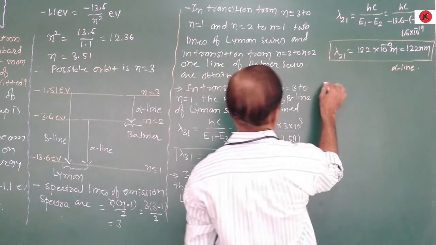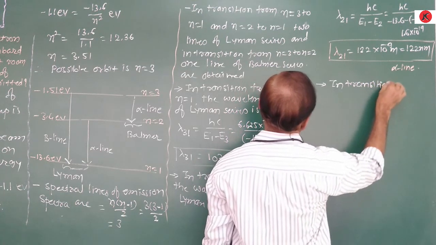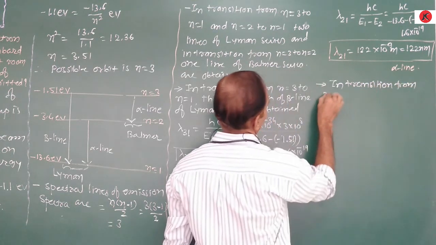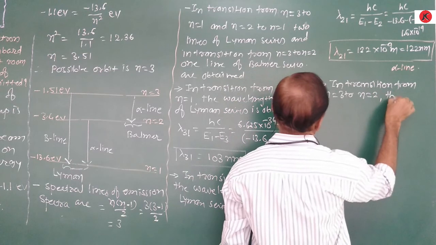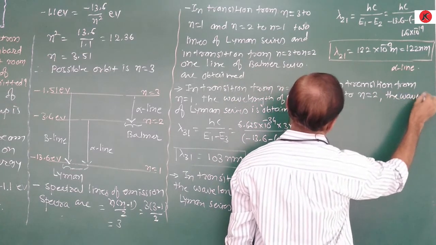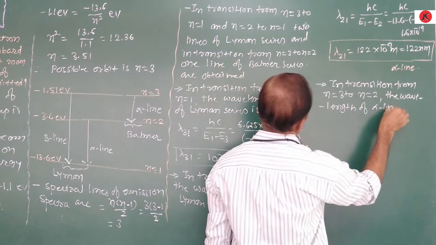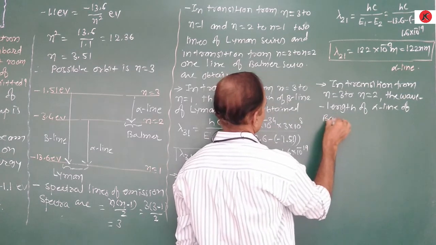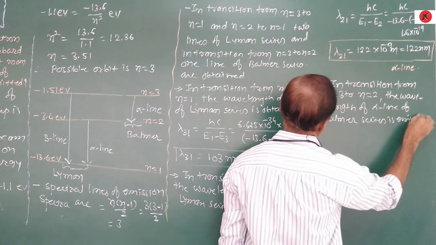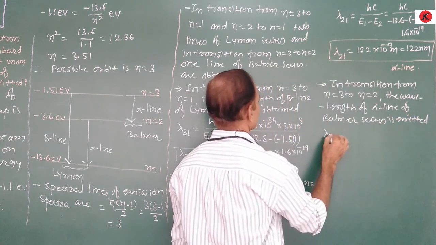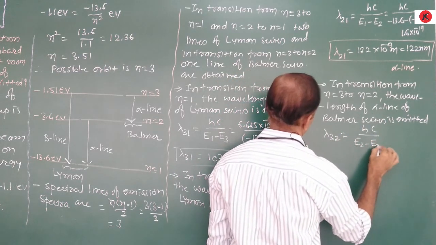Now the third transition, in transition from n equal to 3 to n equal to 2, the wavelength of the alpha line of the Balmer series is emitted. Therefore, lambda 32 is equal to hc upon E2 minus E3.